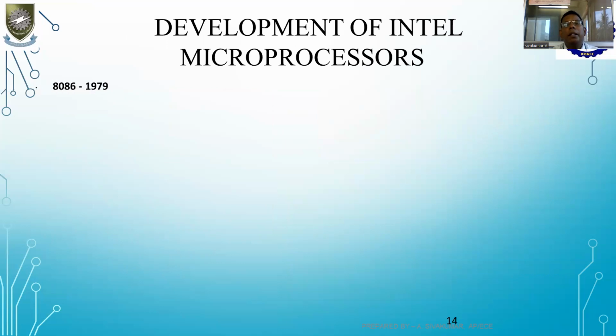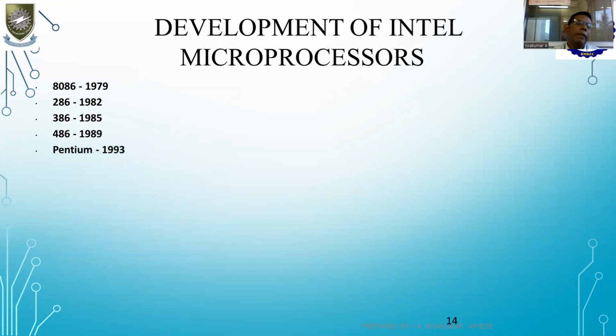Development of Intel microprocessors. The first 16-bit microprocessor, the 8086, was developed in 1979. Earlier, they developed only 8-bit microprocessors. The 286 was developed in 1982, the 386 in 1985, then the 486 in 1989, and the Pentium in 1993.